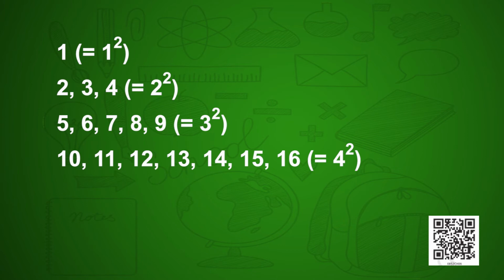Now, let us take the next two consecutive square numbers, which are 4 and 9. Between these two square numbers, observe how many non-square numbers there are. We have 5, 6, 7, 8. Totally, we have 4 non-square numbers.